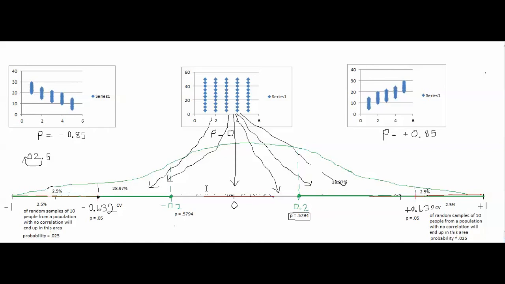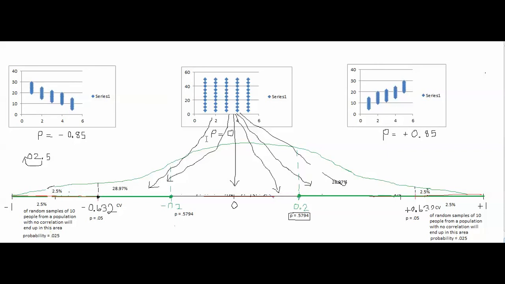Like we saw earlier, most of the samples tend to pile up near 0. We saw earlier that our 5 x's landed near 0. And it's unlikely for a sample coming from a population with no correlation to end up having a strong negative correlation and ending up out here in this area.